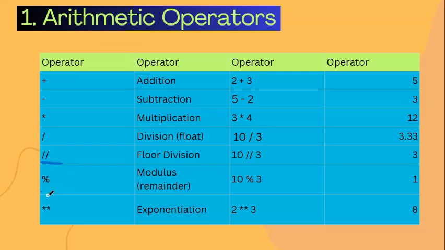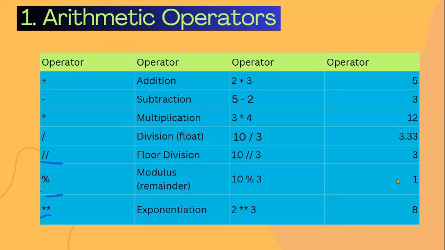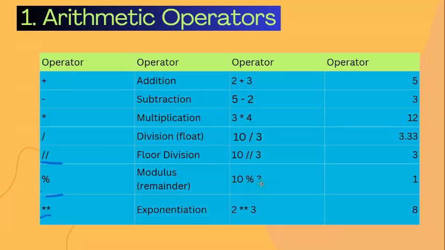Modulus or remainder: in this, the remainder that is left will be printed. And then this, the exponential value will be printed. Means two times two, two thousand three times two we have here.